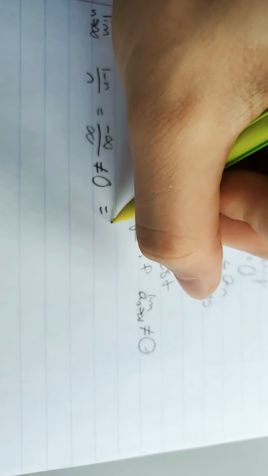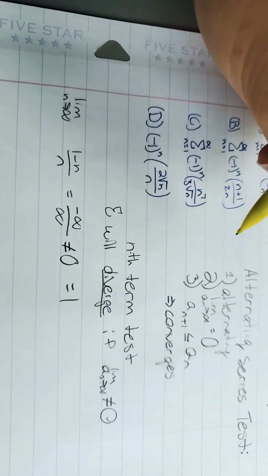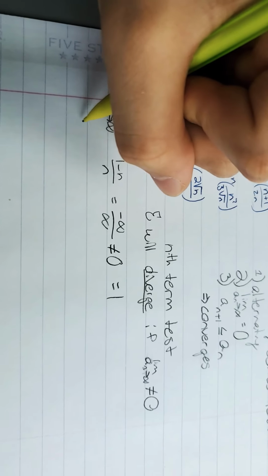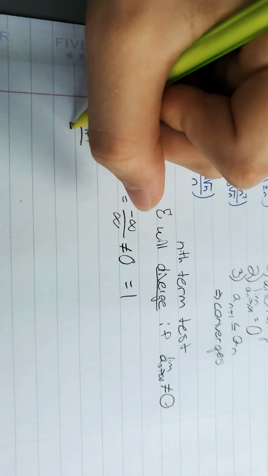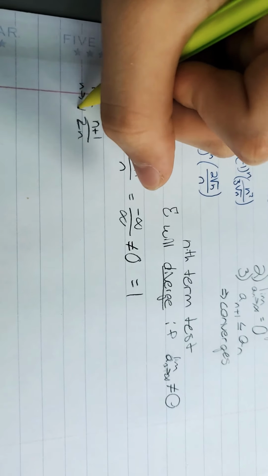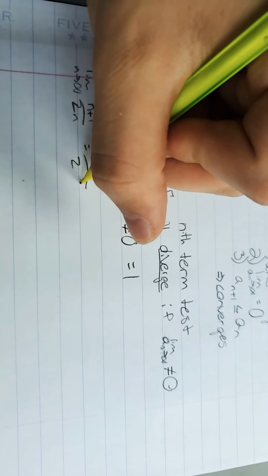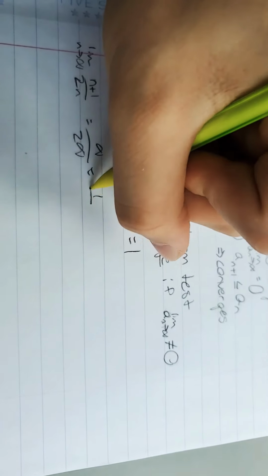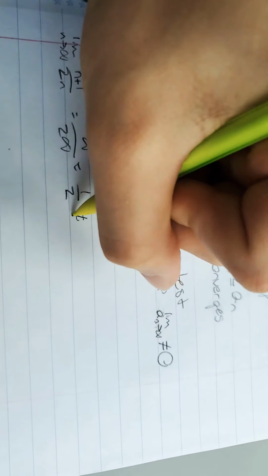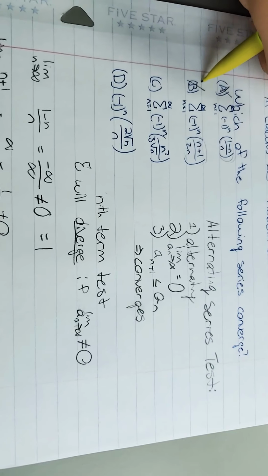In fact, it's going to equal 1. So it does not pass the alternating series test. So let's move on to the second problem. We have n plus 1 over 2n. So that's going to be infinity over 2 infinity. So that's going to go to 1/2, which is not 0. So B also doesn't pass it, so we can cross these two out.